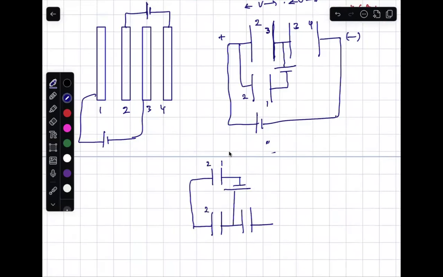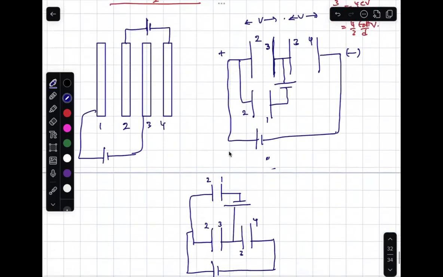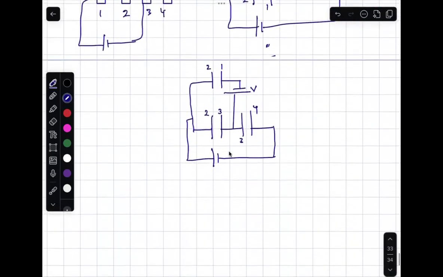Again, this is a 2, this is a 3. Again, this is a 3, this is 4. And you are connecting these again with a battery like this. And remember, this is V volt and this is 2V volts. Now tell me what is happening.